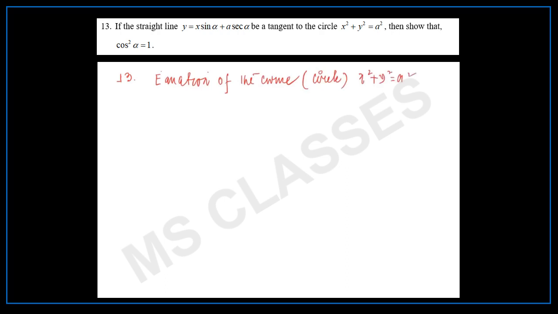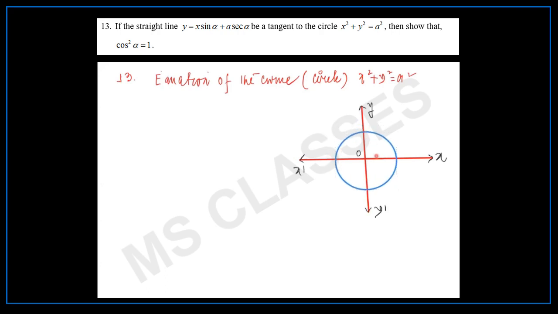Now this is a very simple circle because its center is at the origin and the radius is a units. Now this is the circle which you got.